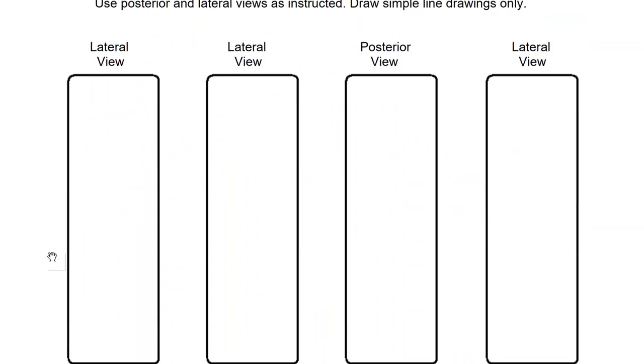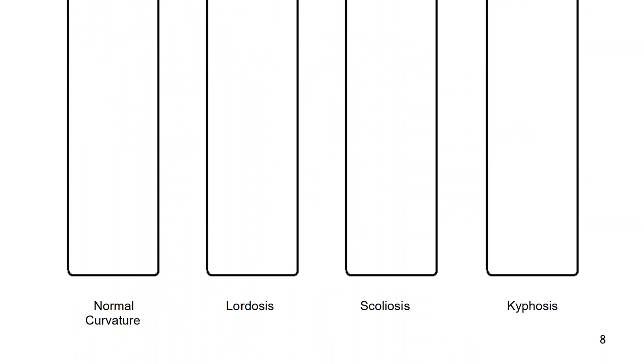And then at the bottom, it kind of talks about, has you draw. And so you're kind of going to be drawing like a little spine. So you have like, let me put it in a color. Curvature, curvature, curvature, curvature. And so this is like your cervical, and this is your thoracic, and this is your lumbar, and this is your sacral.